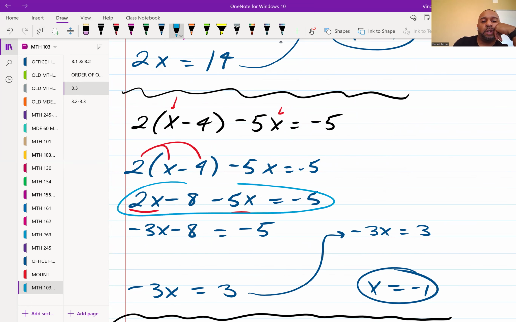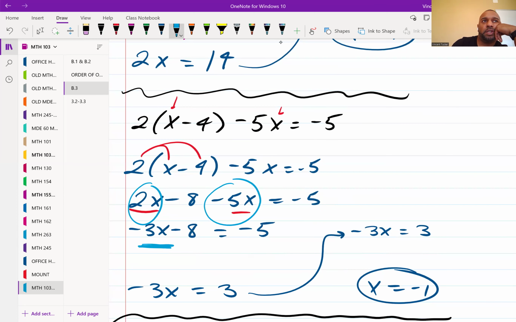So that's what we have right here. Now combining like terms, 2x minus 5x gives me this negative 3x right here. Everything is still there. We got the minus 8 and the negative 5 over there.